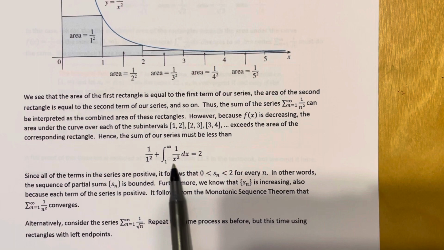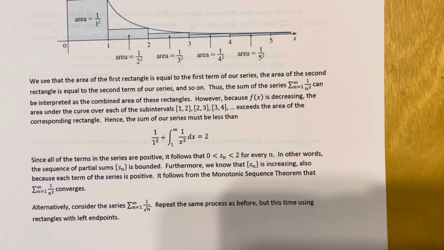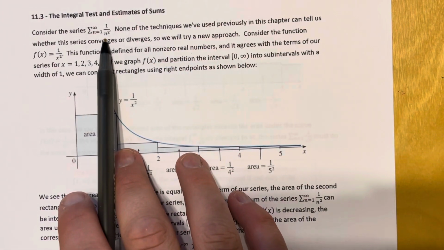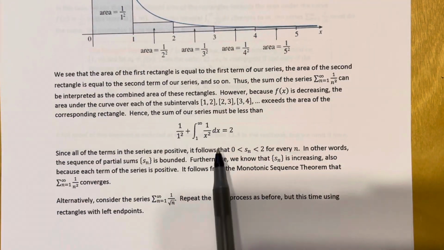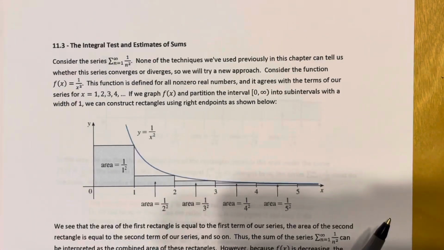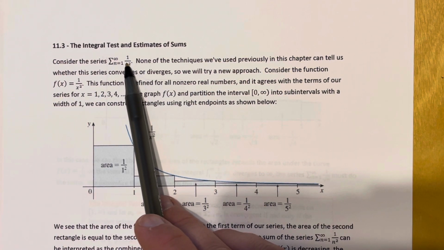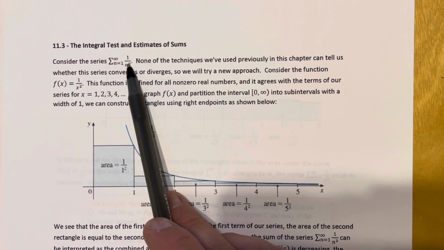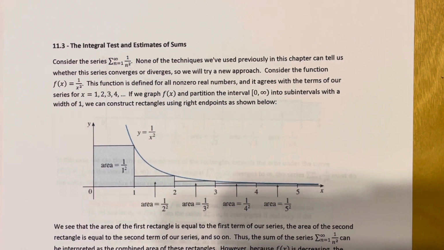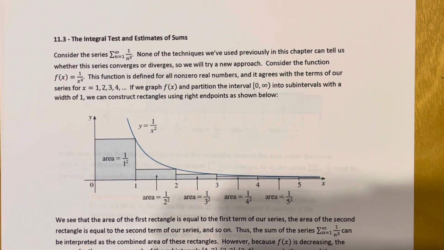Now, to be a little bit more precise about how we know that this series converges here, let's go back up here. The terms of this series are bounded. Notice each of these terms is necessarily less than or equal to 1, but they're all positive. They're all greater than 0. So that means that this sequence of terms is bounded.